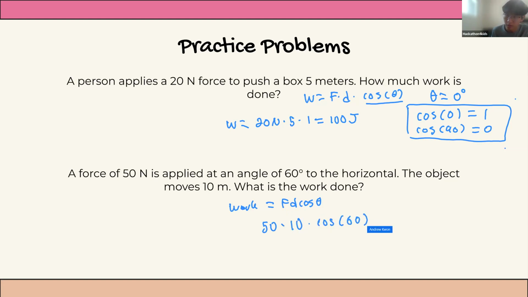If you've taken trig, which I assume most of you haven't, it's coming on, but you can use your calculator for this. Cosine 60 is 1/2, okay? So it's just 50 times 10 times 0.5, so this will be 500 times 0.5, which is 250 joules, right?